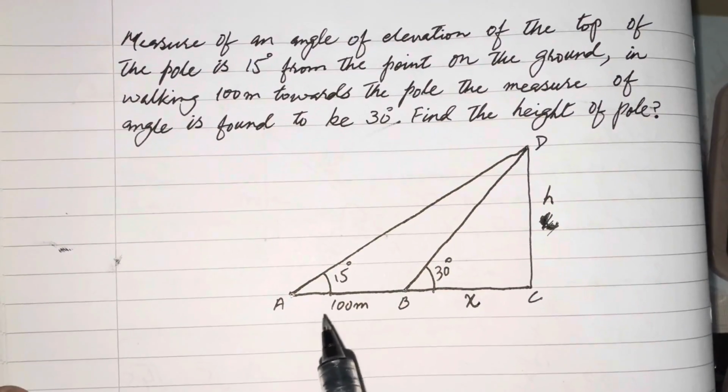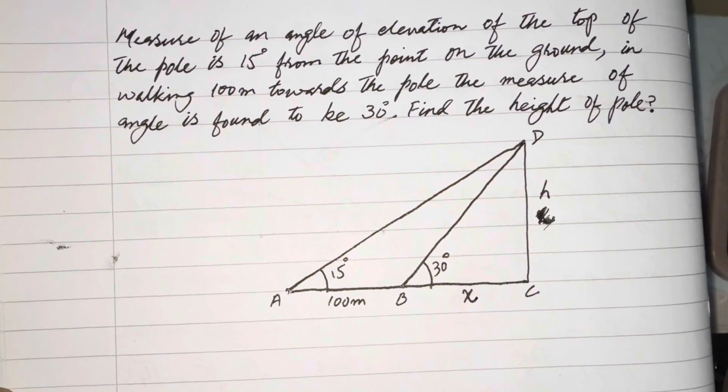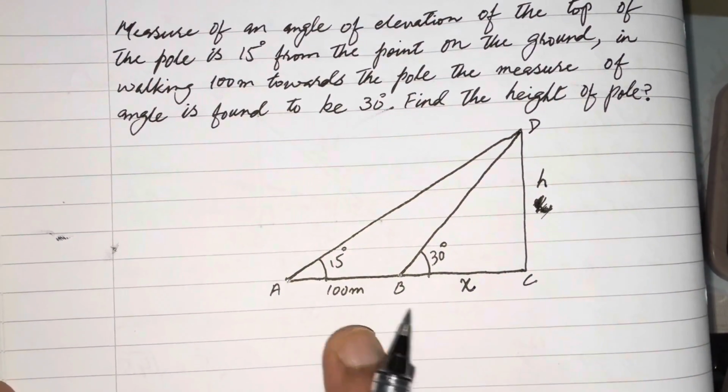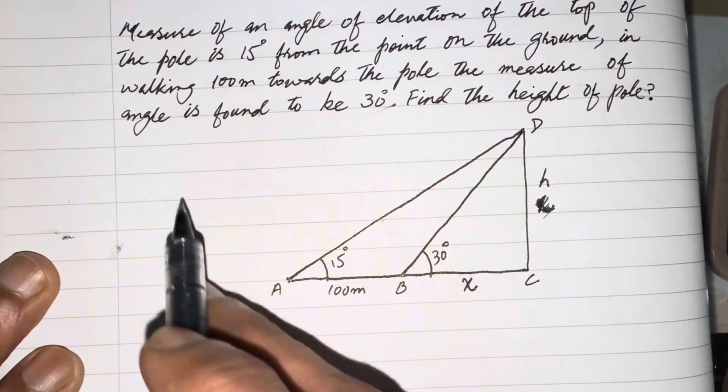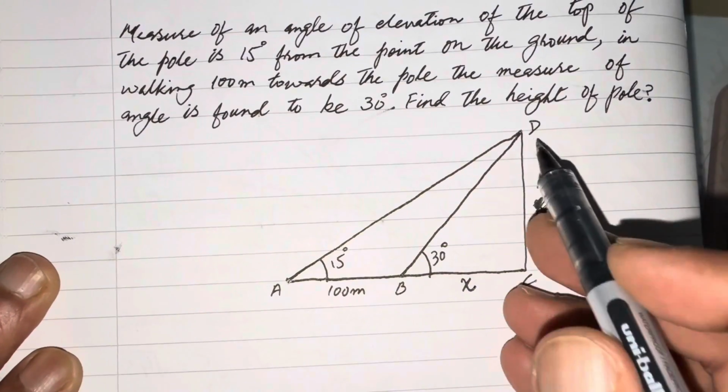Now let's collect the information that is given in this picture. We can say that the height of the pole is CD.